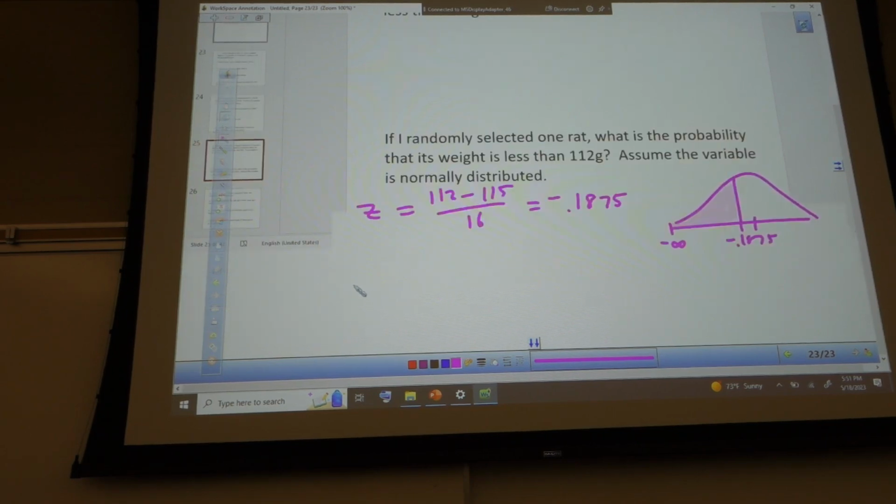So then I'm going to do normal CDF of what and what? Some huge negative number, like negative 2023, comma, negative 0.1875. Let's go ahead and do that.